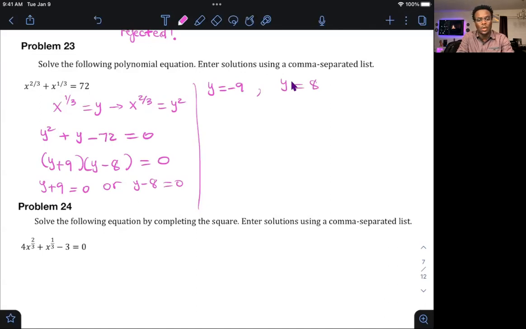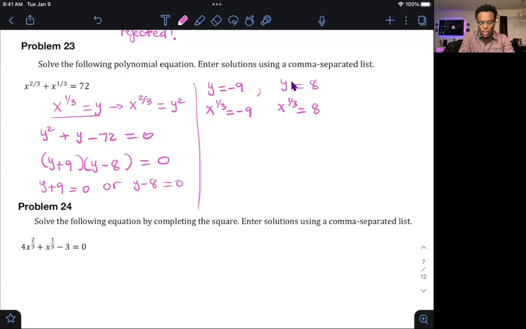And now we can go back to the change of variables we had at the beginning, which is x to the 1/3, x being the previous variable, that's what we're solving for, equals y. So that is x exponent 1/3 equals -9, and x exponent 1/3 equals +8.